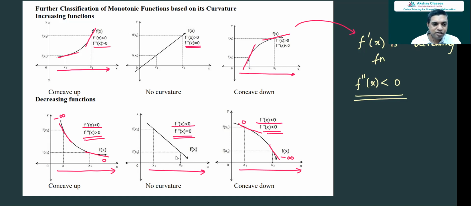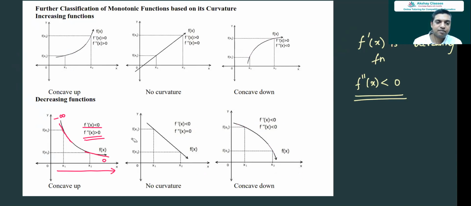This is the conceptual understanding of why the second derivative is greater than 0 or less than 0. But now, notwithstanding all this, in both the cases, what we get is this: if the second derivative is positive, it means the curve is concave upward in curvature.